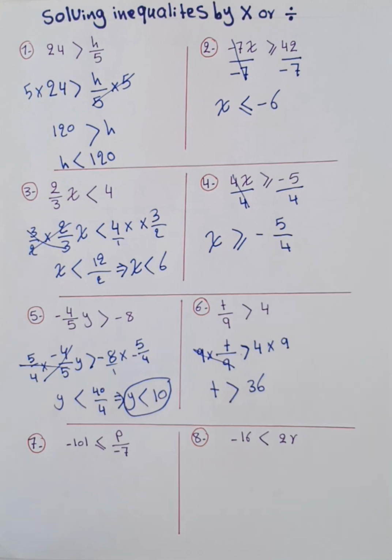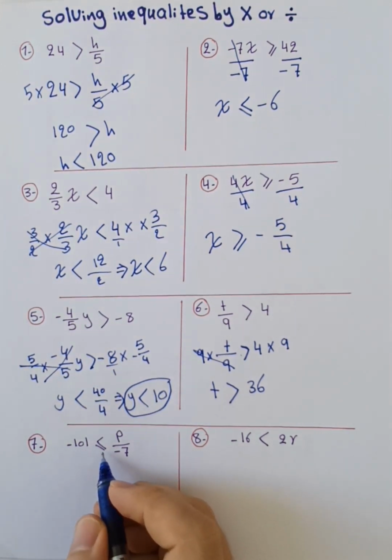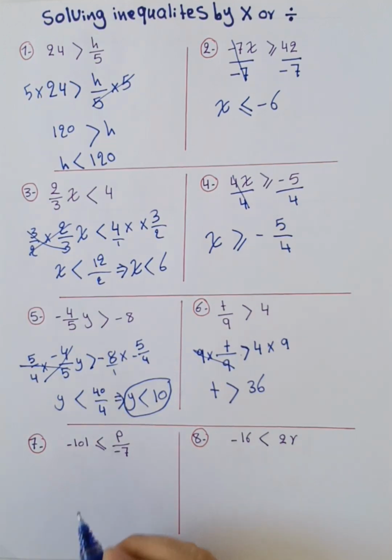Example number 7, we have negative 101 less than or equal to p out of minus 7.